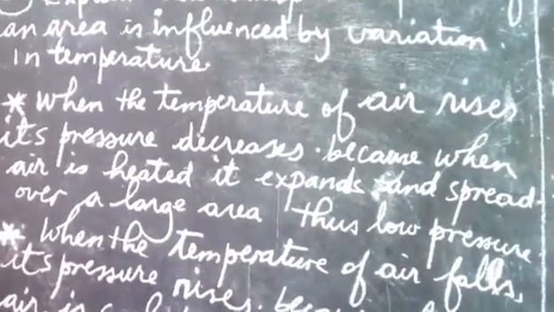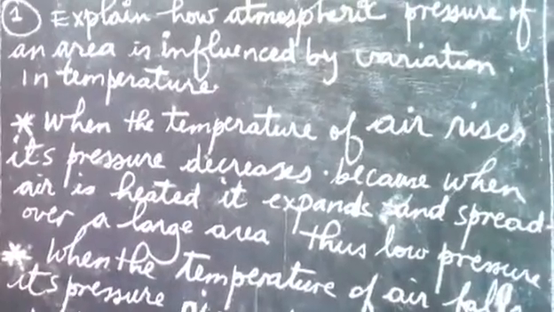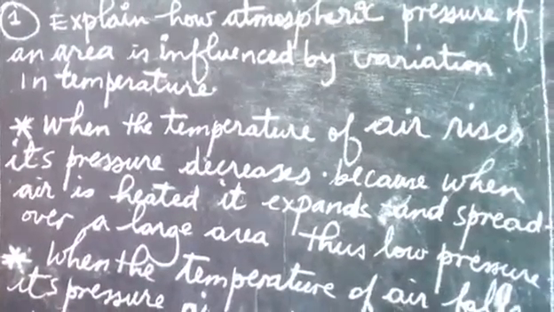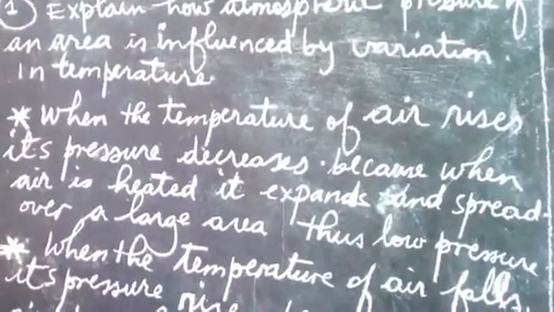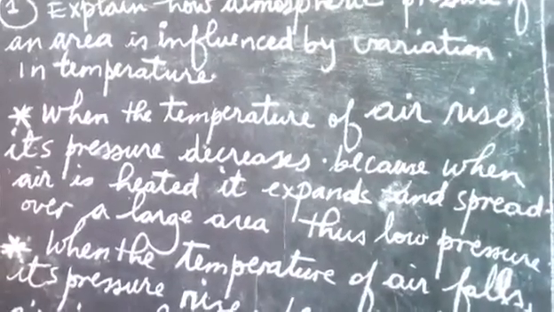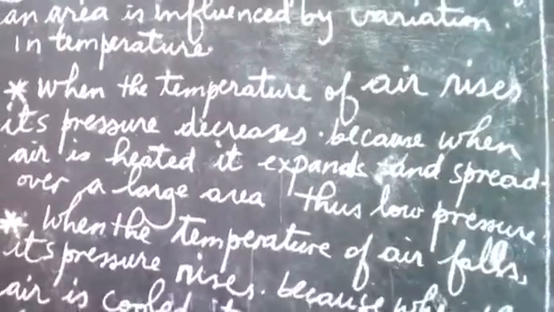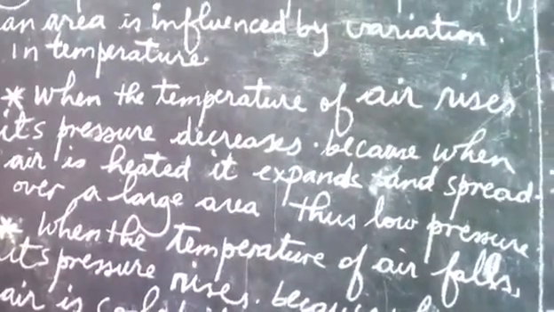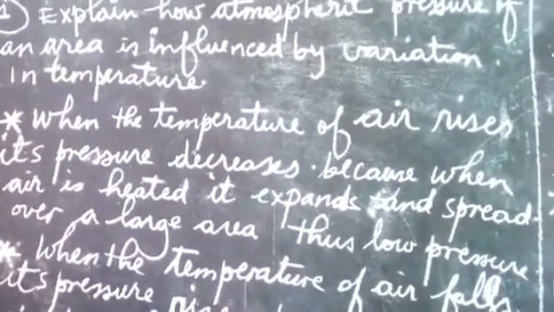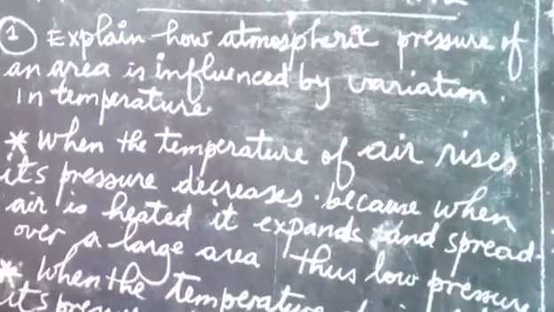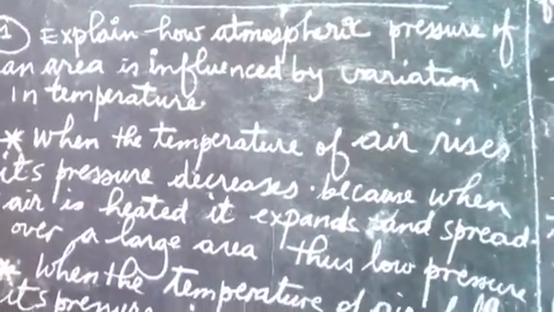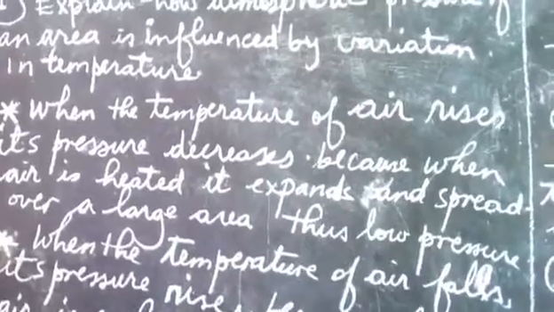Thus, this can lead to high pressure. So those are 2 ways the atmospheric pressure of an area can be influenced by variation in temperature. I think everybody can attempt this question if it is asked in any exam or test.